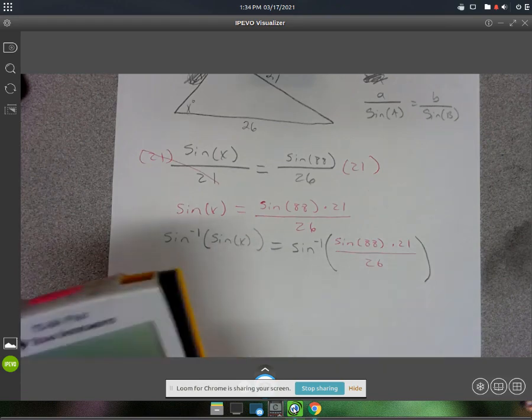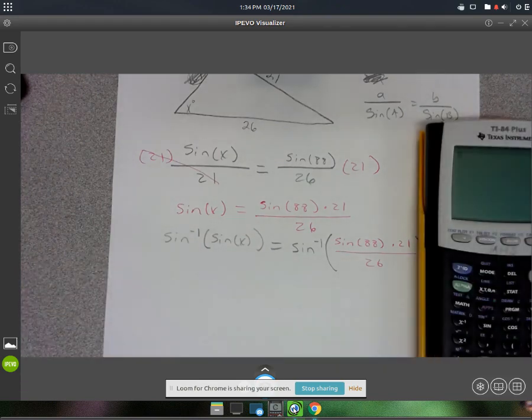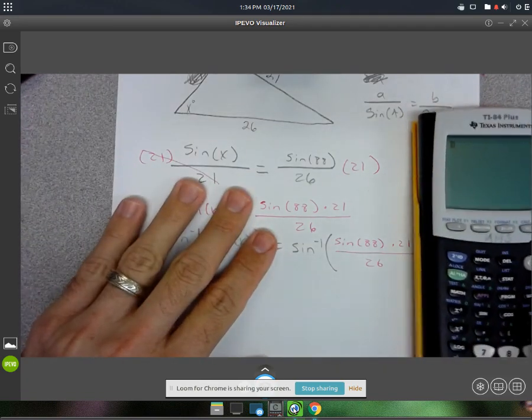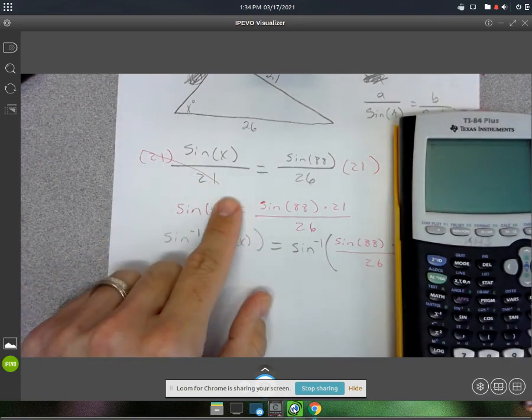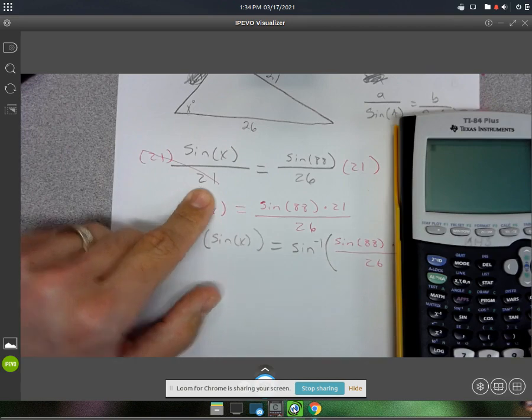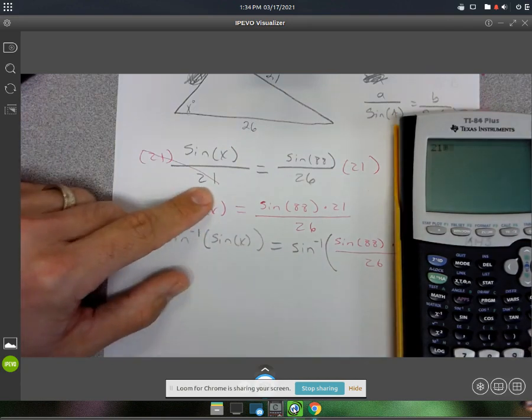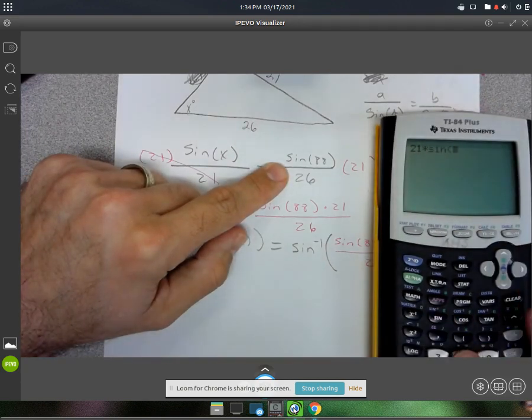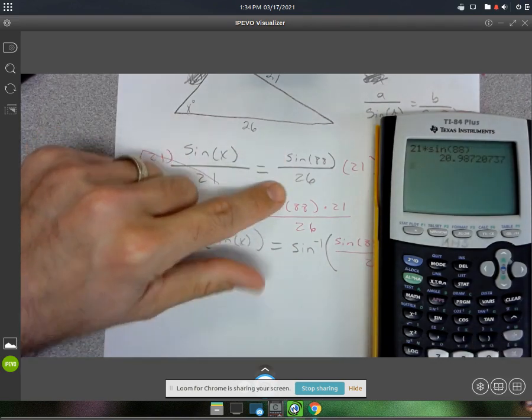The way that you would do this with your calculator is you would take this part right here and multiply by 21. So we're going to do 21 times sine of 88, and then divide that by 26.